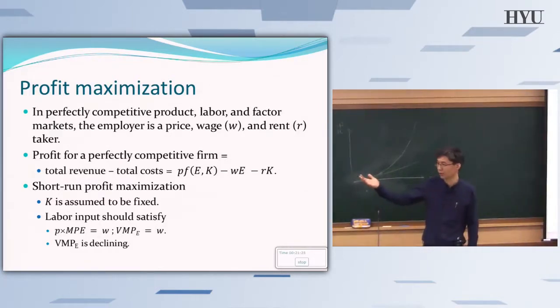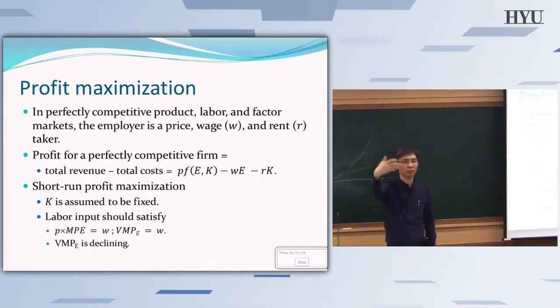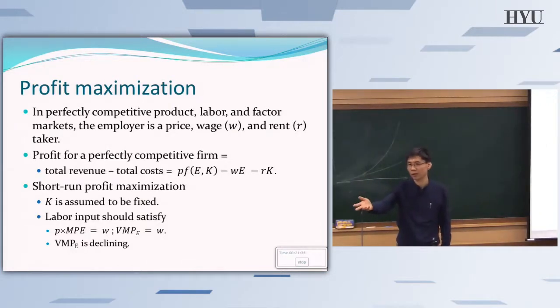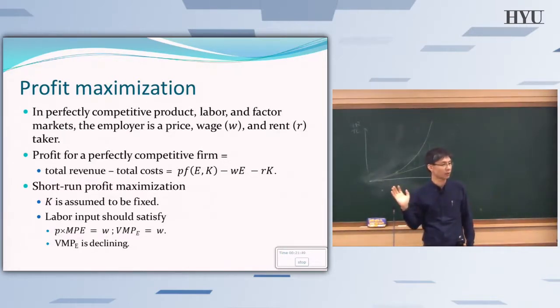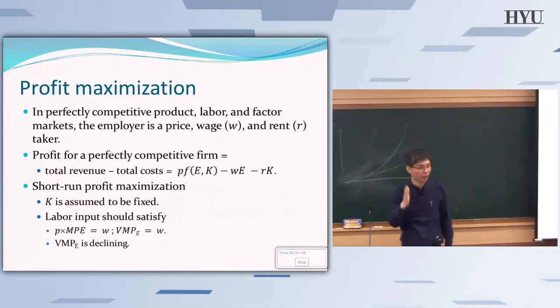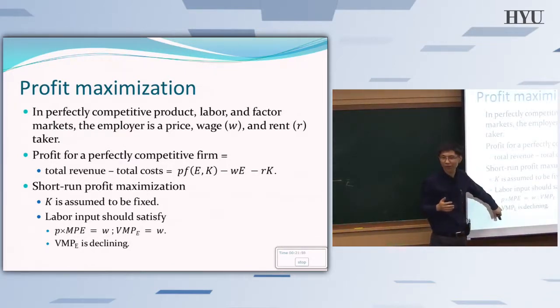If the marginal product of labor is increasing, then the producer will make more money by hiring more and more workers. So that means that the theoretical size of a producer is infinite, okay? That is not really the case. Usually the firms will stop somewhere. That probably means that VMP must be declining.